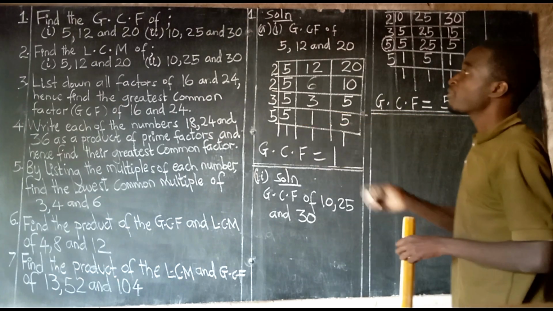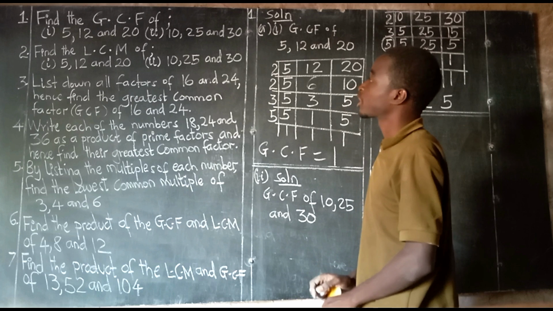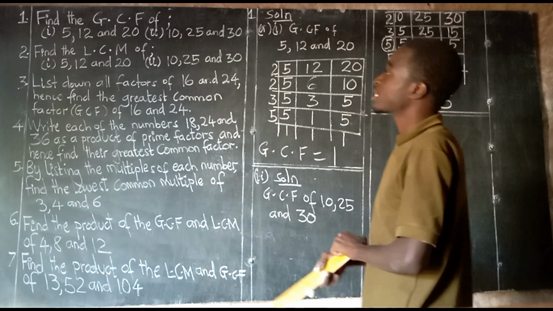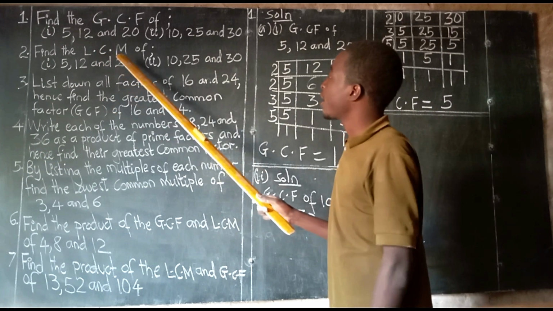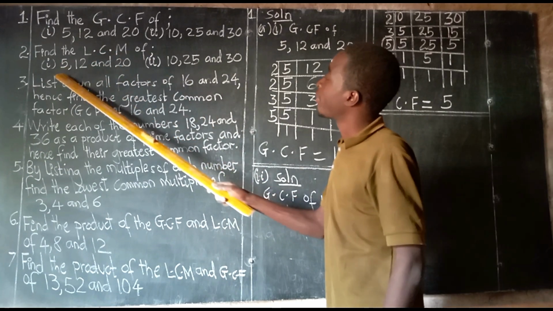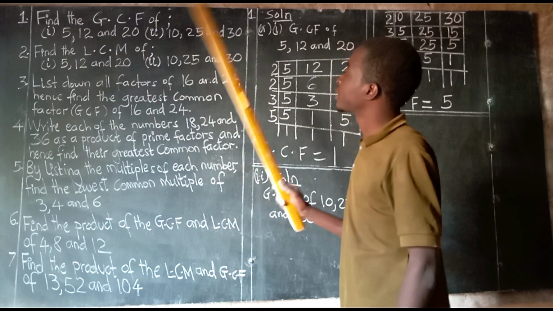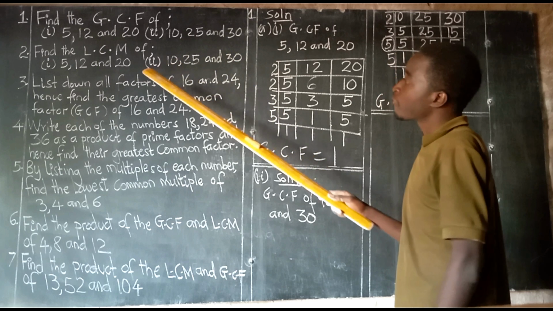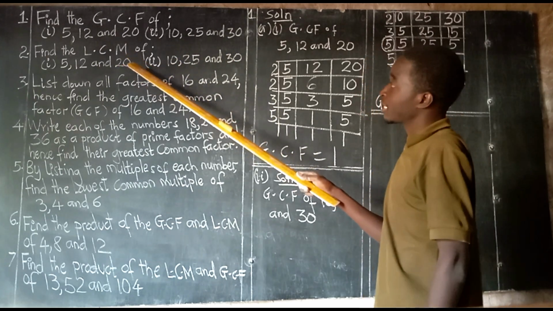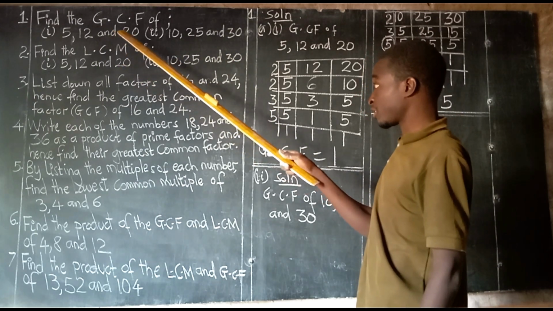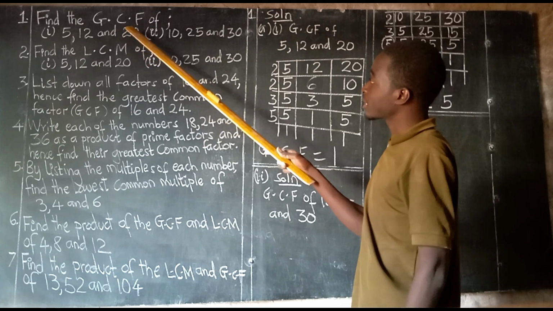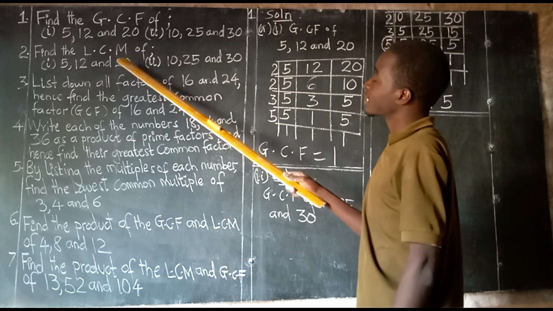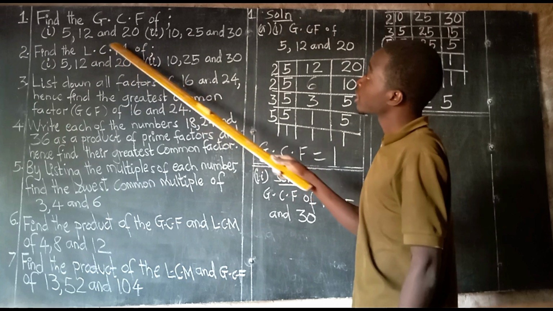Now, I welcome you to the next question, which is question number 2. It states: find the LCM of Roman 1, 5, 12, and 20, and Roman 2, 10, 25, and 30. This is the same as the first, but the difference is that in the first question we were asked to find the GCF, while in the second question we are asked to look for the LCM.